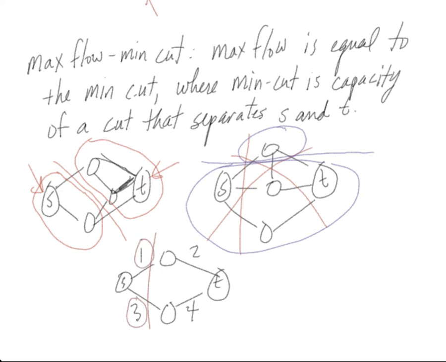If I made a cut that looked like, say, this, then the capacity is 2 plus 4 equals 6. Or if I make a cut that looks like this, it would be 3 plus 2.